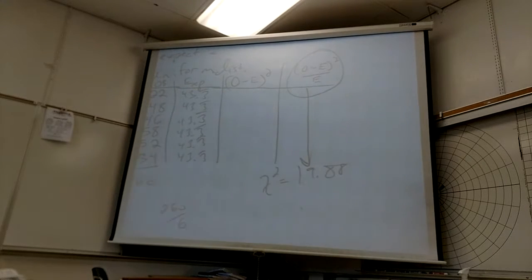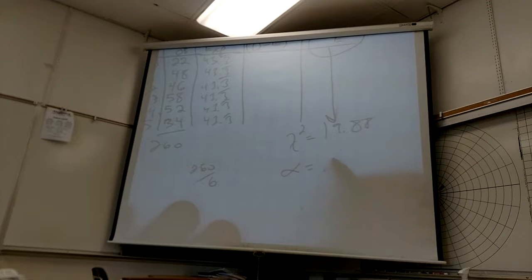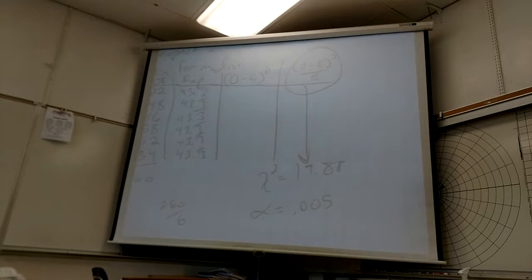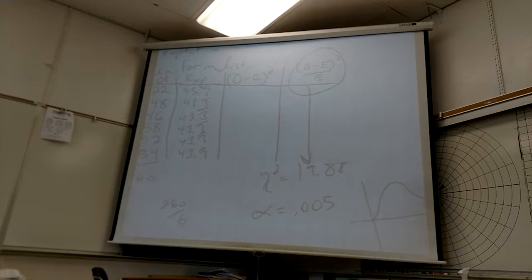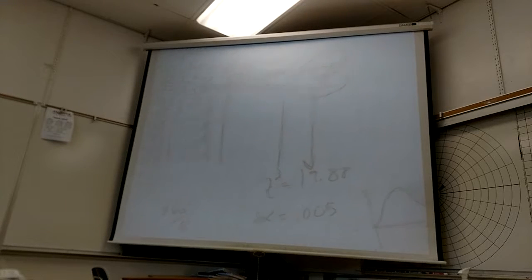That's the calculated chi-square. This time, I want alpha to be 0.05. So what's the critical value?